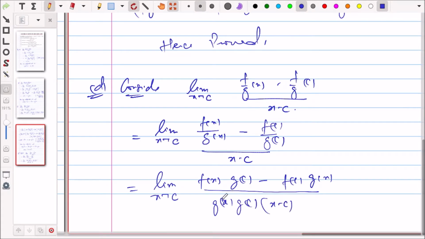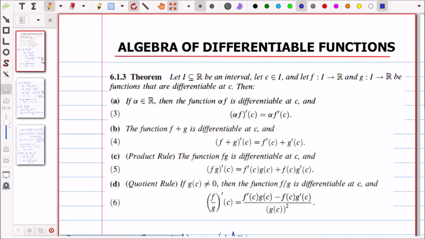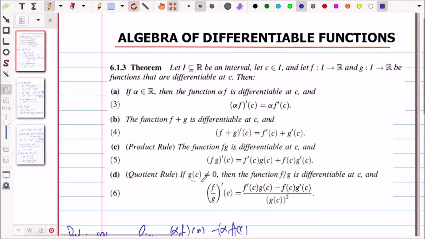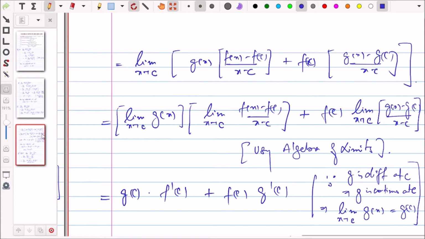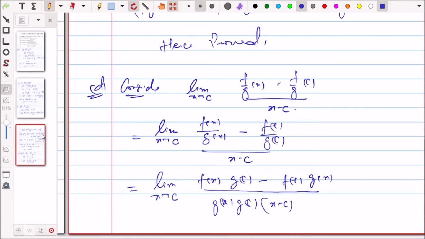Now can you explain why this g(x) we can bring in the denominator? Why it is not 0, why this g(x) is not equal to 0? We are given that g(c) is non-zero. Why we are assuming that g(x) is non-zero? Because sir, g is differentiable, that's why it will be continuous.